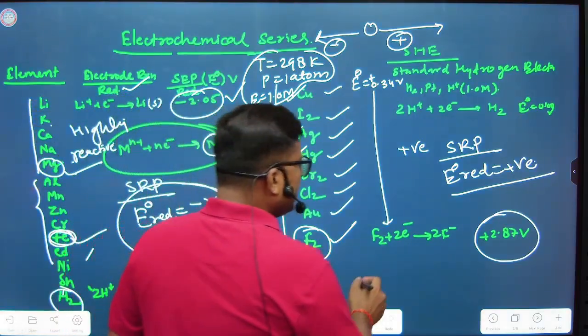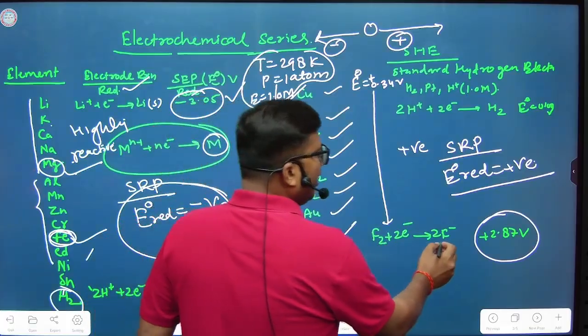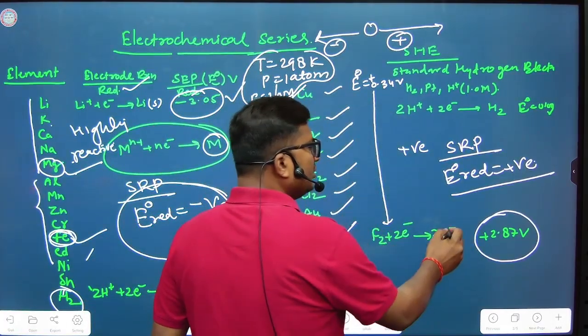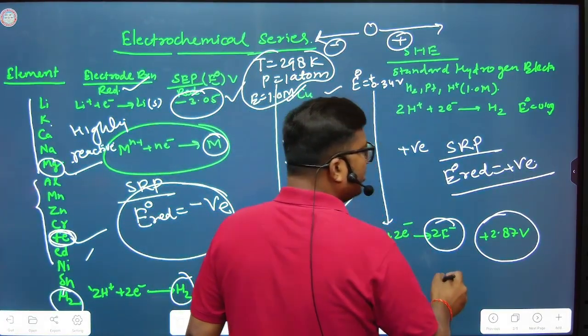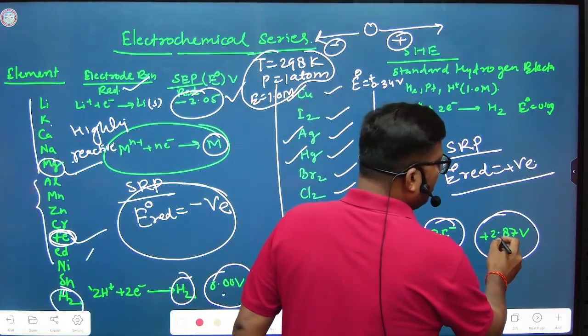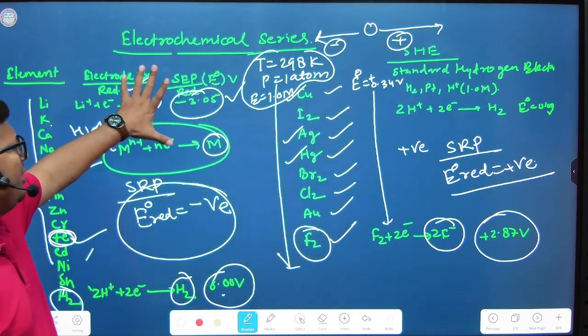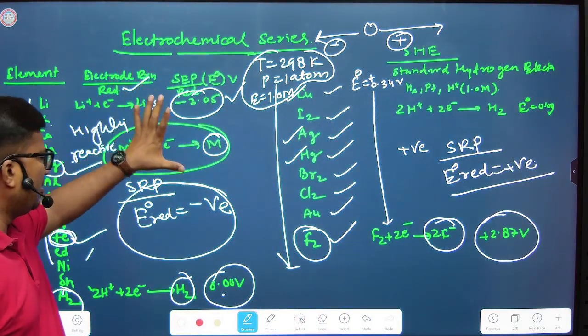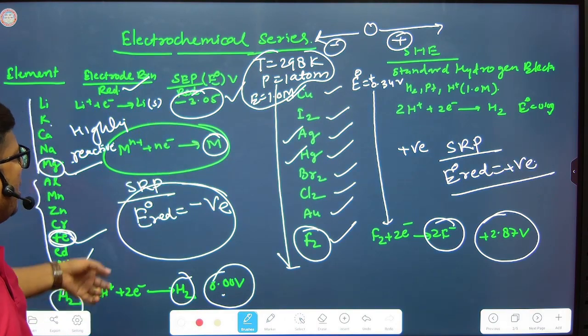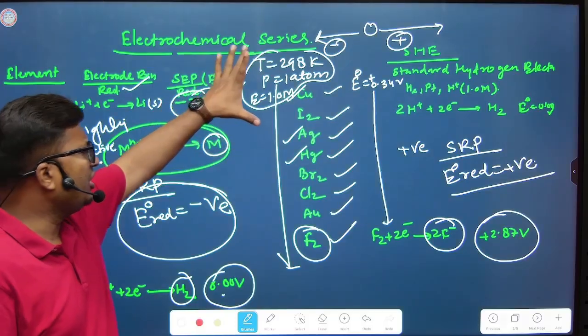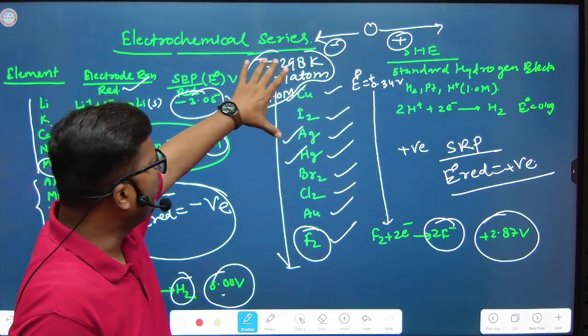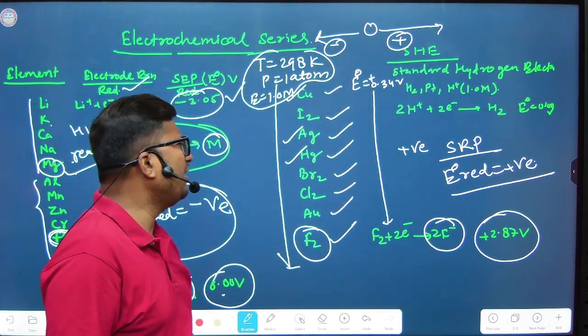right? So fluorine receives 2 electrons and gets converted to 2 fluoride minus, which has a standard reduction potential of 2.87. So the most reactive metals are kept above hydrogen, and the least reactive metals are kept below hydrogen, right?